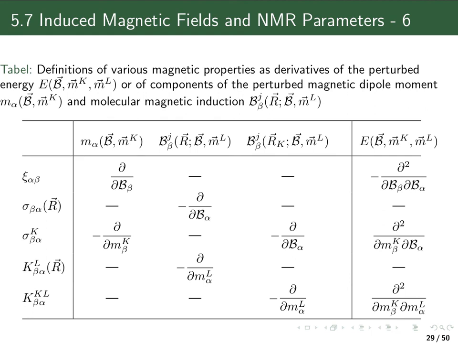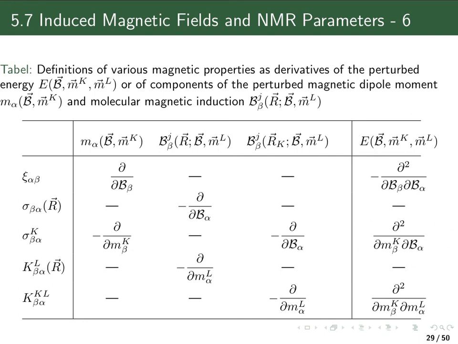But from the last expression on the slide before, we can also express them as derivatives of the energy, where, as we had two chapters before, the magnetizability is the second derivative with respect to two components of the magnetic field.